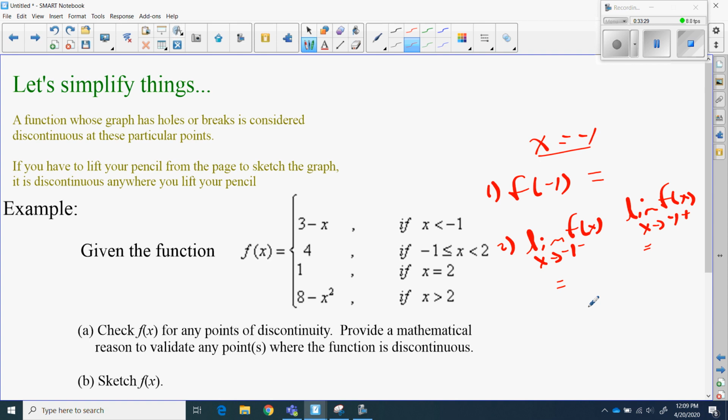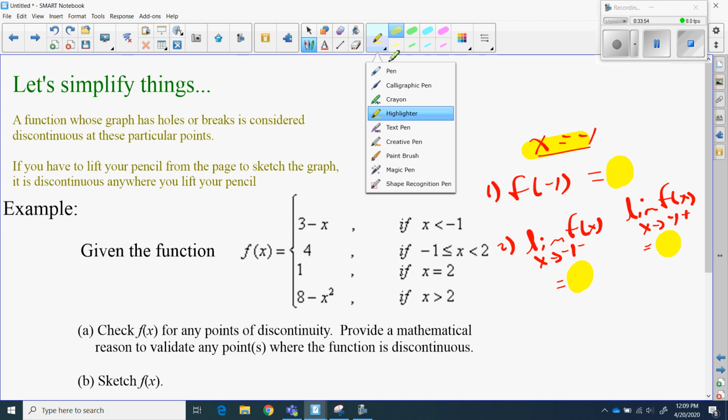In order for a graph to be continuous, the answer you get here, here, and here have to be the exact same number. If they turn out to be different, this function is going to be discontinuous at that particular number we're checking right now, which is -1.